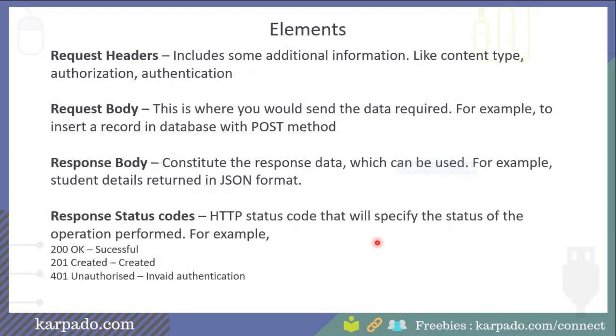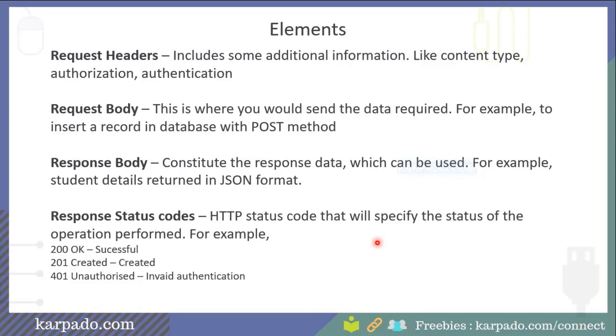And then you have the response body. When you fire a GET request, you're going to get back some response, typically in the form of XML or JSON. All this information would be part of the HTTP response body, and that's what this means. And in RESTful architecture, we would use the HTTP status codes in order to show the status. For example, if you're able to retrieve a record from the server, then you're going to see the 200 OK status of HTTP.